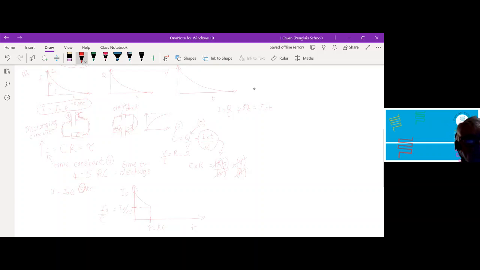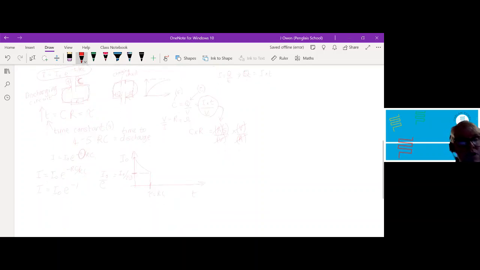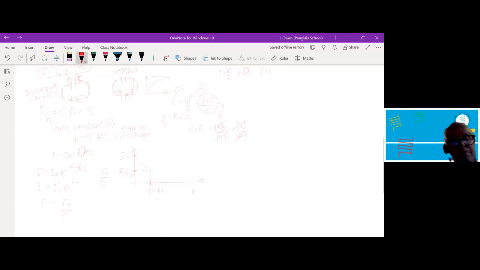Because look, I equals I naught e to the minus t over RC, but with t equal to RC, RC over RC is 1, so I equals I naught e to the minus 1, which is I equals I naught over e. So after one time constant, the original current reduces by a factor of e.